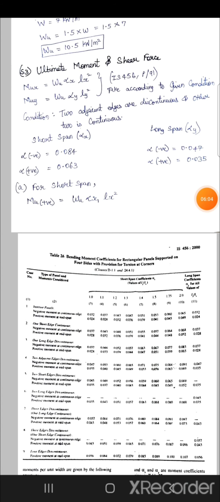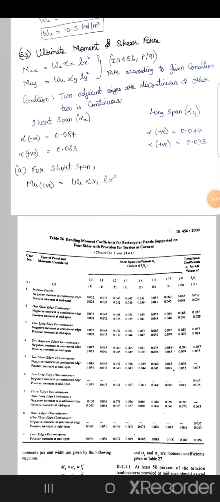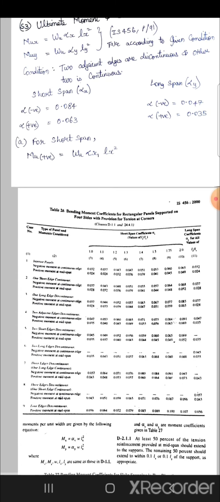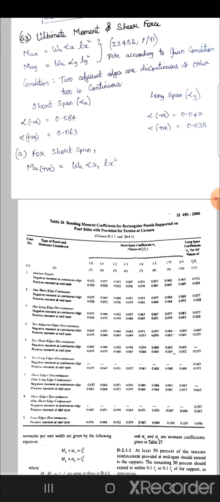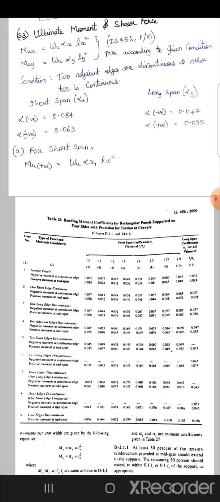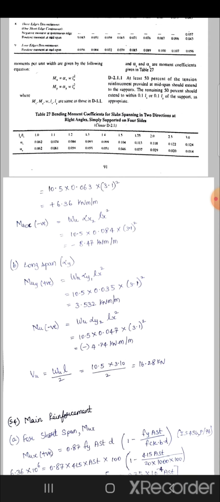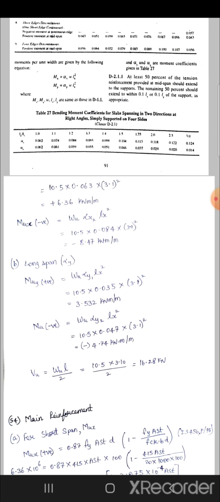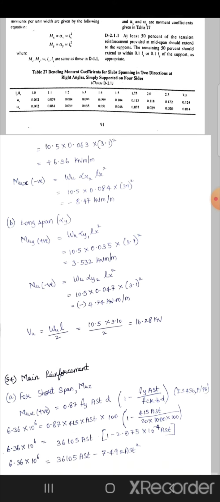We must calculate for short span and long span positive and negative ultimate moment. First, for short span, formula is Mu positive equal to Wu alpha x1 into Lx square. Alpha x1 is alpha positive 0.063. Calculating in this, we get 6.36 kilonewton meter per meter.